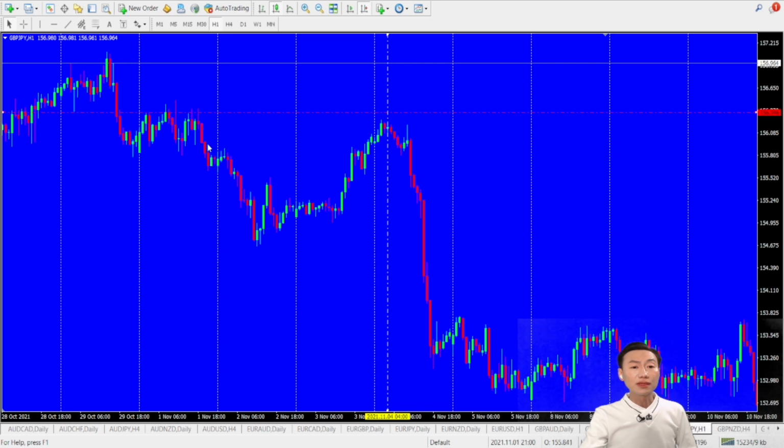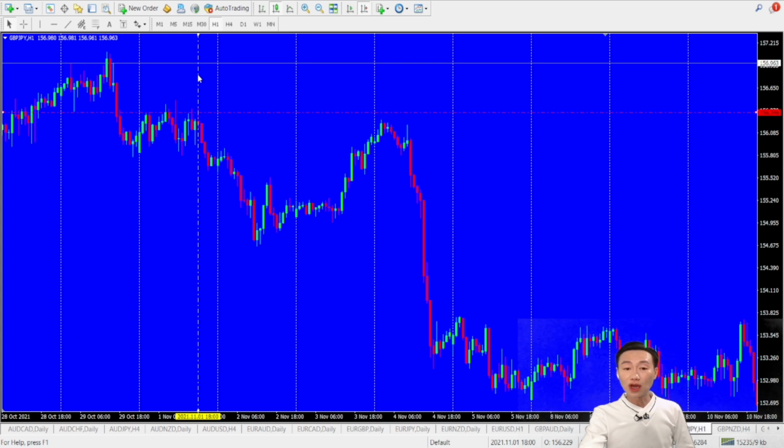Over here, this is the previous resistance from the 1st of November, 1600 hours, and now it starts to go down and retrace to test the resistance in H4. Am I right? So H1 will react almost the same.